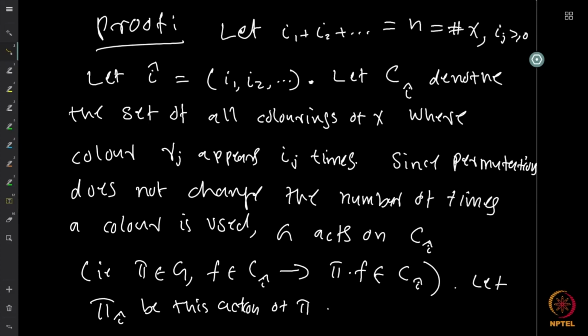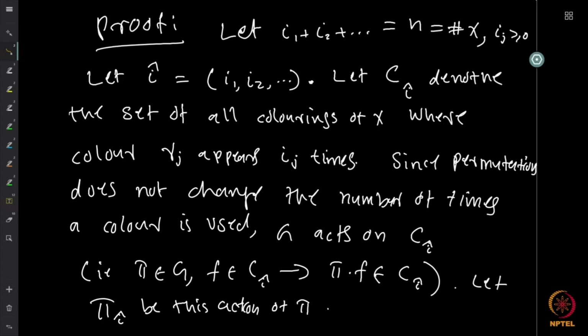That is, for any permutation pi you take and any coloring f in C i cap, pi dot f is again an element of C i cap. So the restricted action of each of these permutations is denoted by pi i cap. The action of pi on C i cap is denoted by pi i cap.